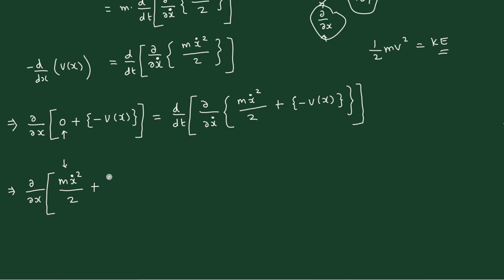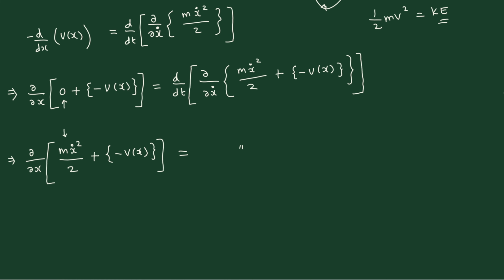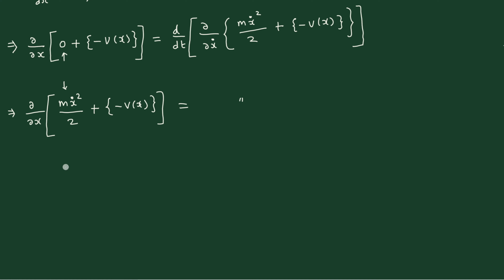And therefore, we are left with minus v of x, and that's all about it. And that is equal to, simply copy this. The right hand side I am not writing once again, simply copy. So ultimately, finally we have got an expression like this. If you can see this particular object, which I am going to put in this pink color for example, this entire thing is nothing but your kinetic energy minus potential energy.